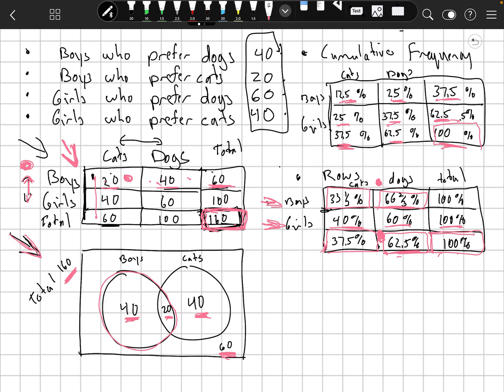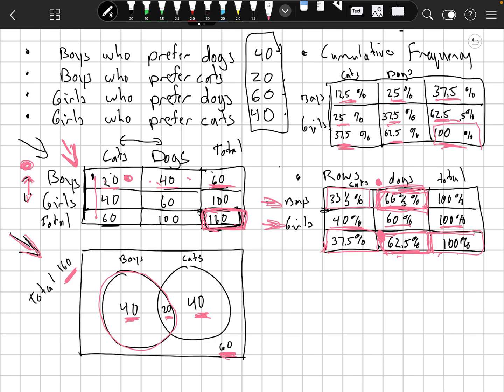Now, the closer these two numbers get together right here, the less dependent one is on the other. Okay, if these were both 66%, let's just pretend they are for a minute. Then what we're saying is the same percentage of the total number of people like dogs as boys. So being a boy doesn't have any kind of effect on that.